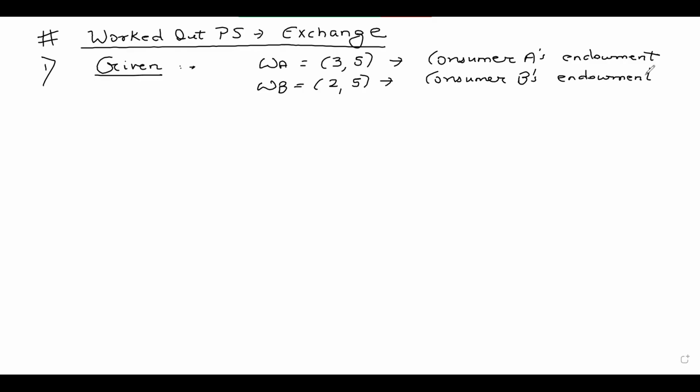First of all, let's draw the Edgeworth box. What's the total amount of good 1? 3 plus 2, 5. Total amount of good 2, 5 plus 5, 10.